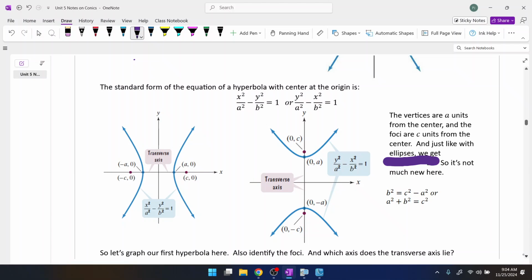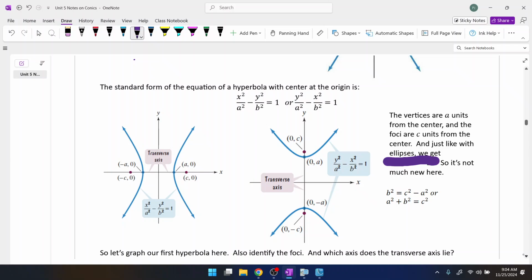One is where the x squared is positive, and you'll notice that the transverse axis is your horizontal axis, which you should see right there. Now, if it's where the y squared is positive, it's going to be a vertical transverse axis.